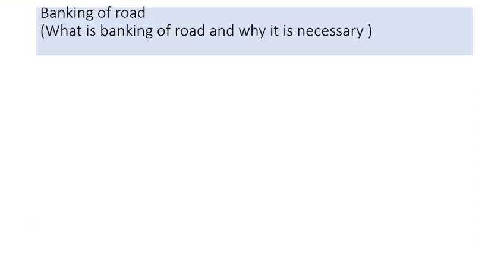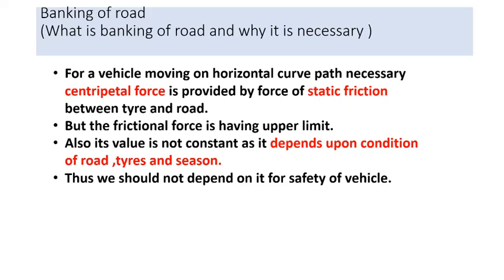Let us see what is banking of road and why it is necessary. First, we will see why it is necessary. For a vehicle moving on a horizontal curved path, the necessary centripetal force is provided by the force of static friction between the tire and road.